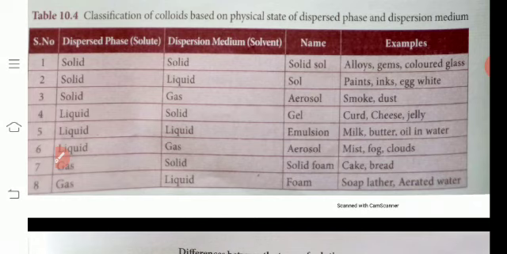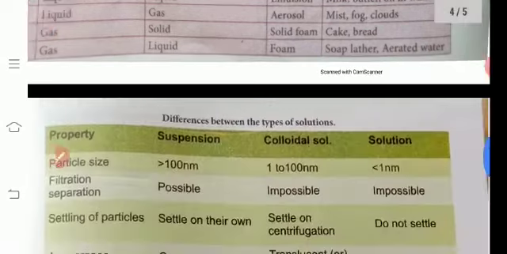Liquid in gas: aerosol, mist, fog, clouds. Then gas in solid: solid foam, cake, bread. Gas in liquid: foam, soap, leather, aerated water. So here is given the tabular column: solute, solvent, and the name and examples. Okay, you read this one.